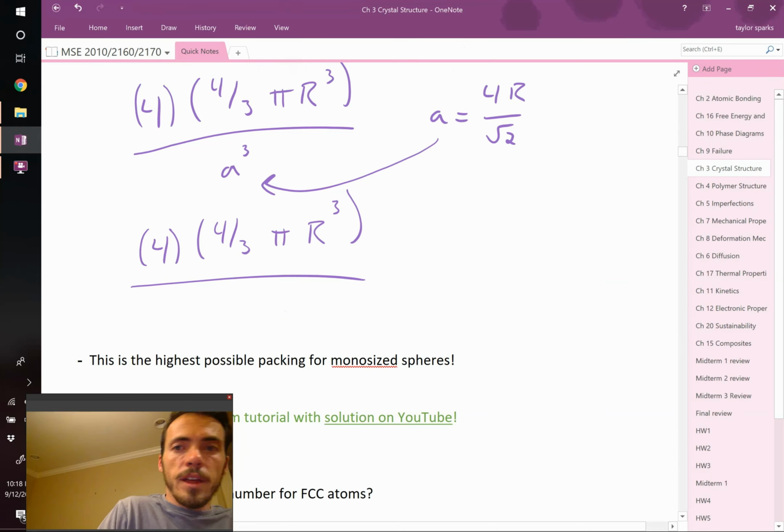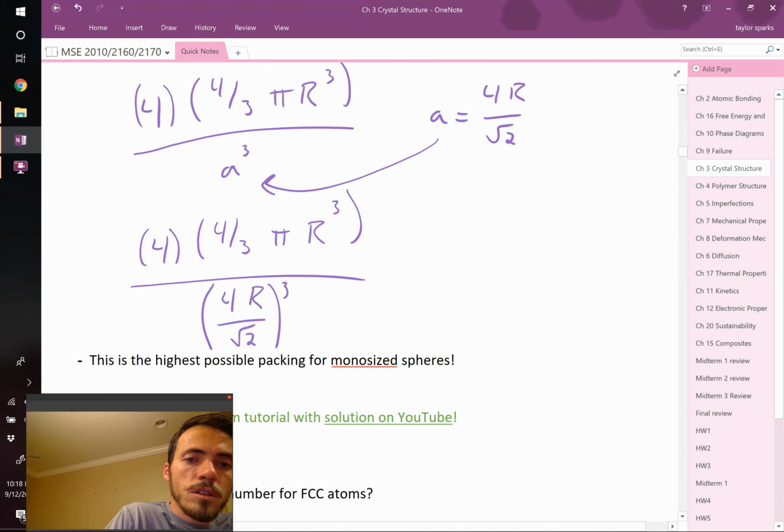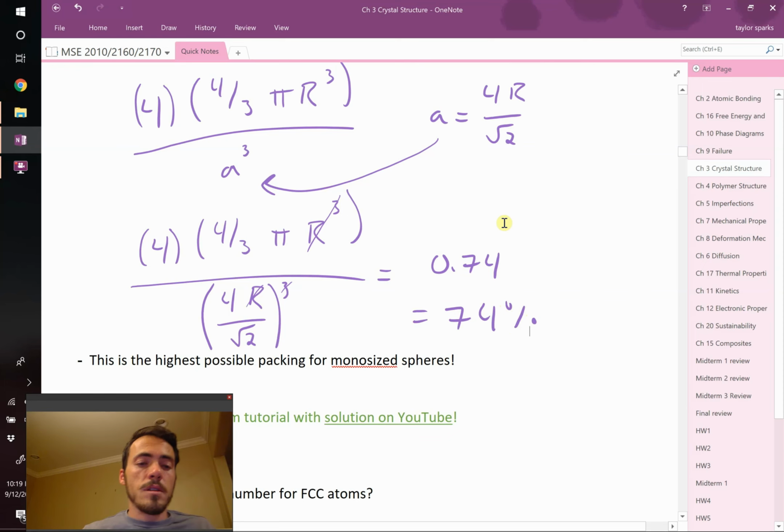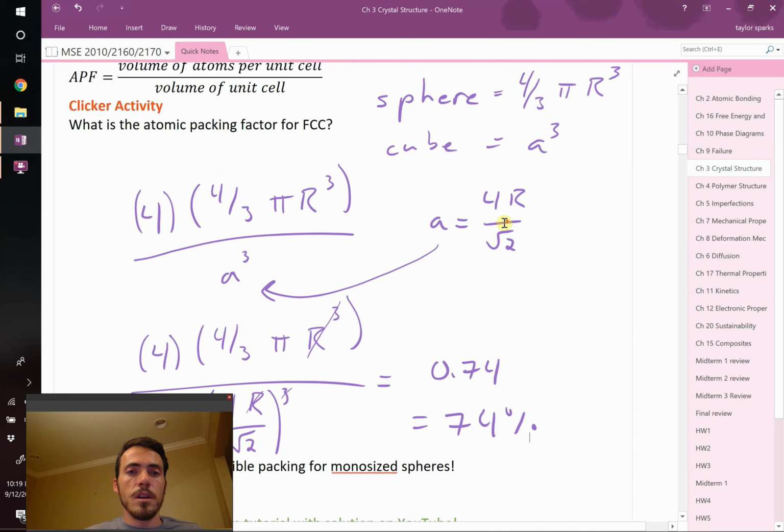It's a cubed, so this needs to be 4r over root 2, cubed. That lets this cancel, that cancels, and when you plug all of this in, you end up with 0.74, or in other words, 74% of the volume inside the cube is occupied by atoms.